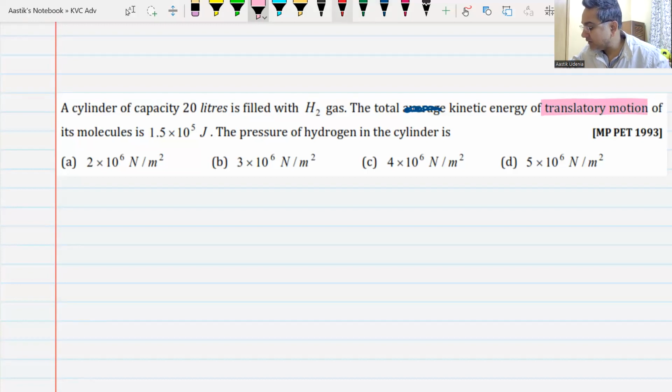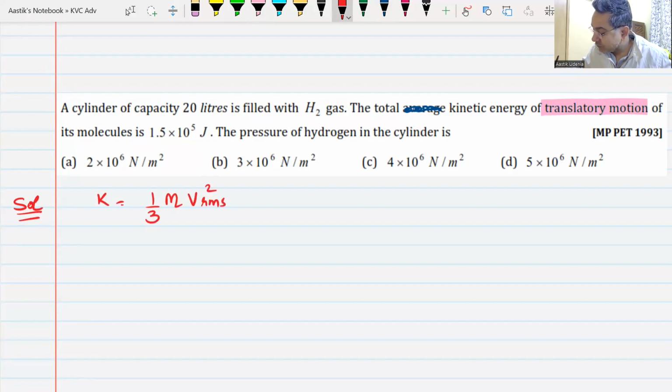Option D is correct. Well done. Total kinetic energy, you can write it as half m, total mass, into VRMS square. Total pressure, you can write half rho into VRMS square.